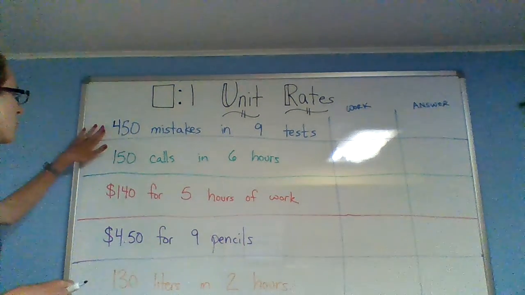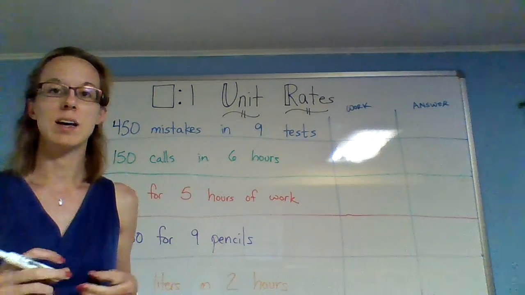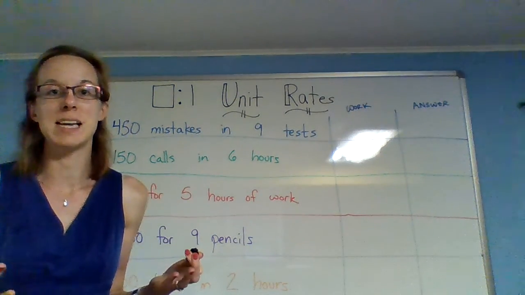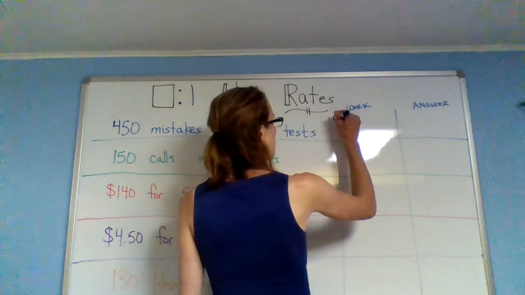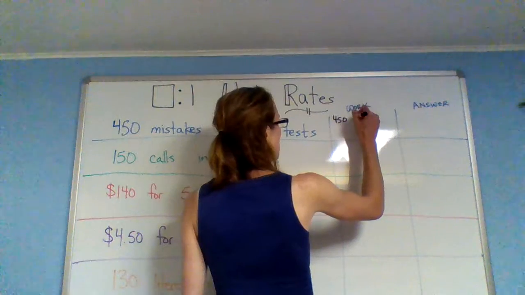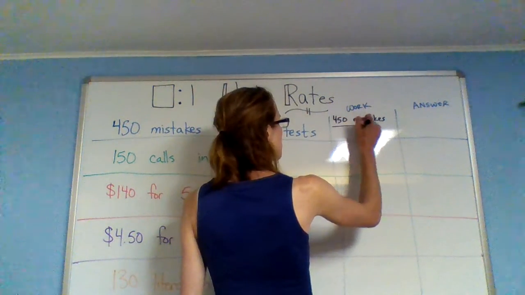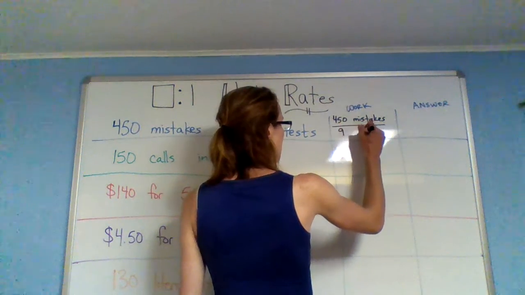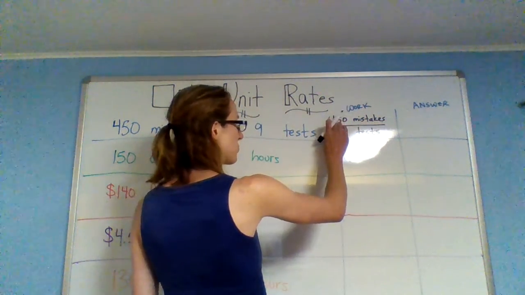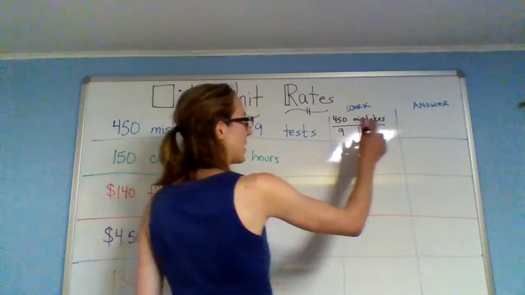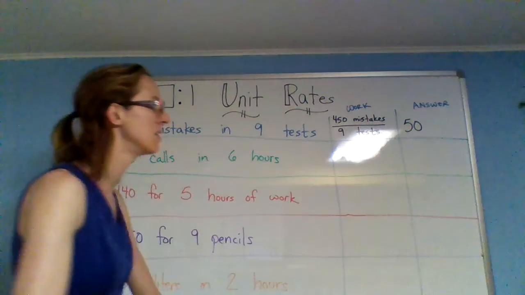If my problem was 450 mistakes in 9 tests, and the question is, well, on average, how many mistakes is that per test? The work that we would need to do is 450 mistakes divided by 9 tests. So the math we're doing is 450 divided by 9, which is 50.